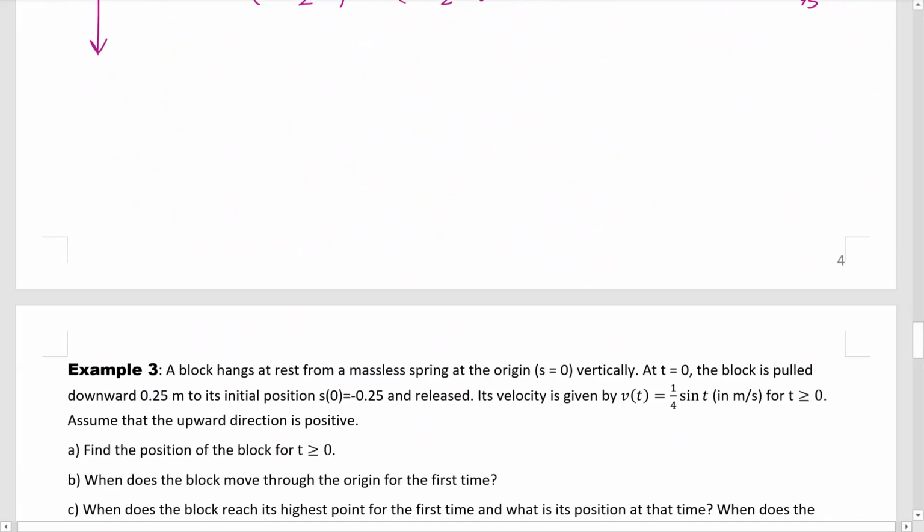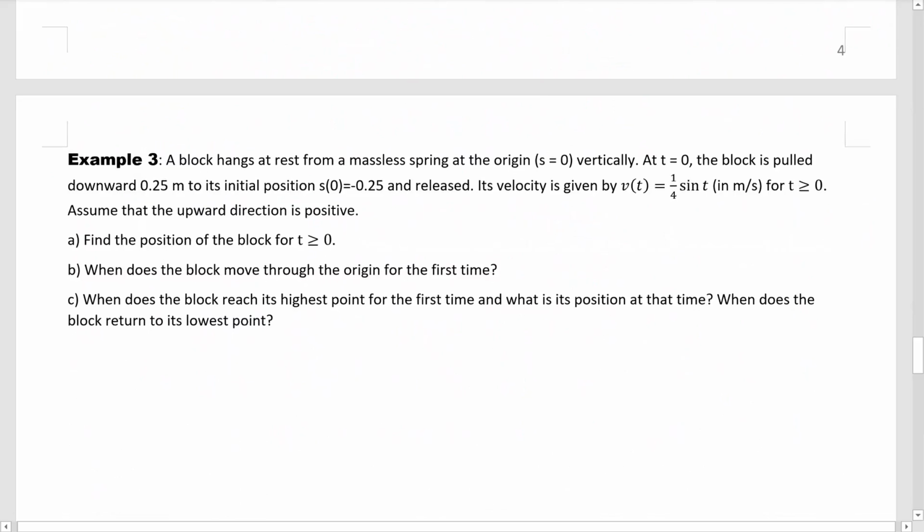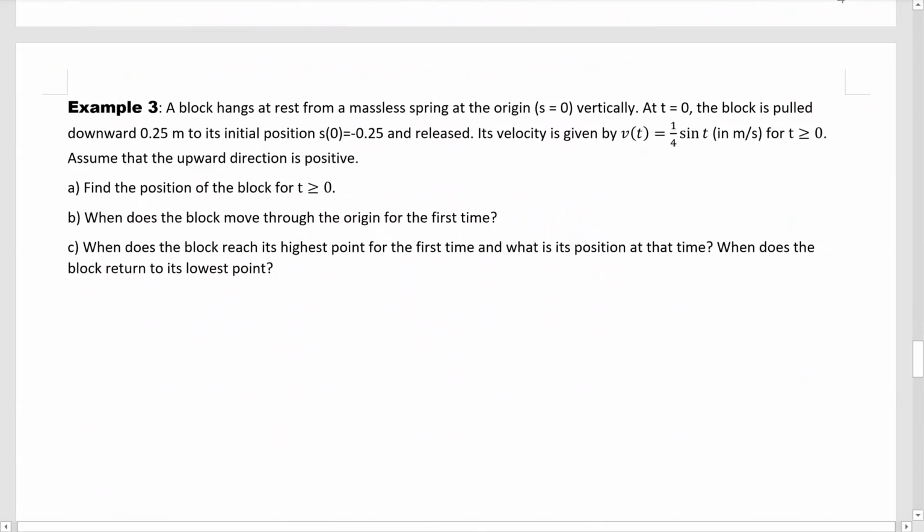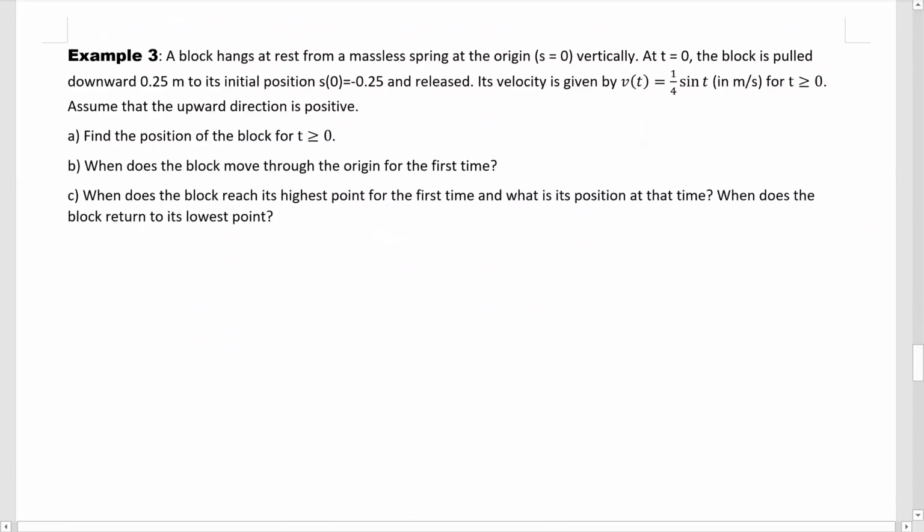The good thing about the video is you can pause at the steps, think more, and control the pace. So let's look at example 3. A block hangs at rest from a massless spring at the origin, vertically.